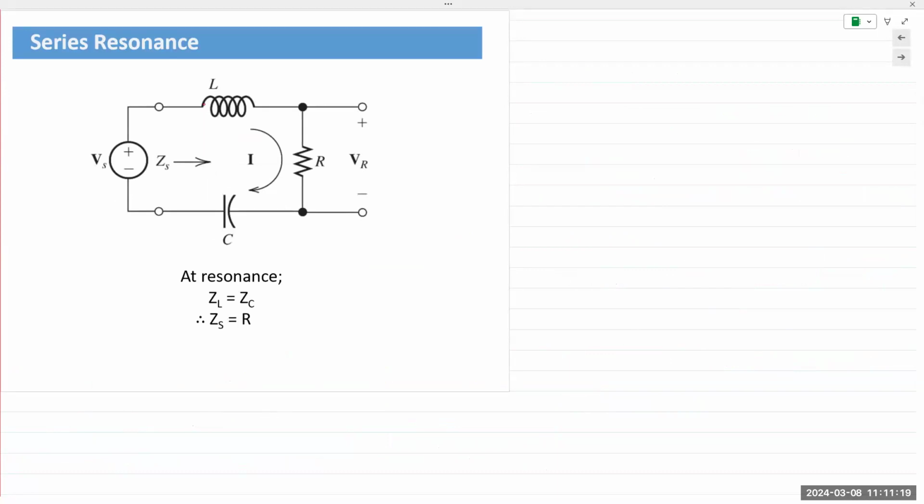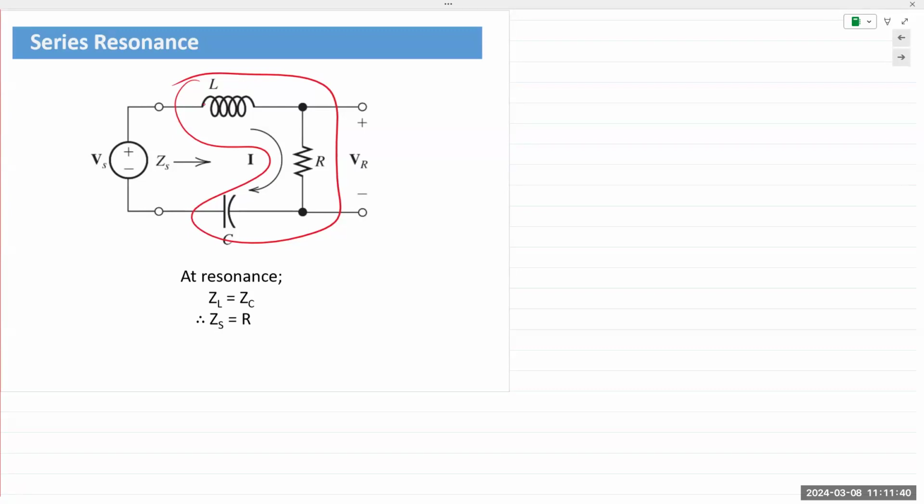If this circuit receives incoming signals with varying frequencies, it so happens that at one particular frequency, the impedance of the capacitor and the inductor are exactly equal in magnitude.